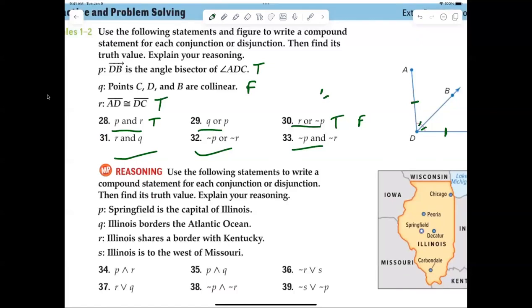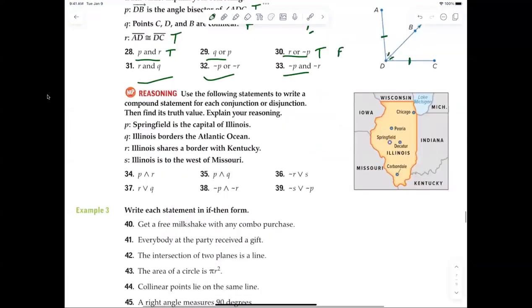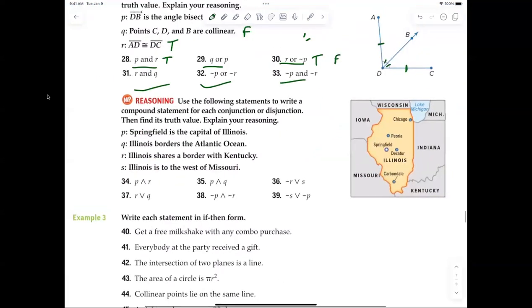Is everybody understanding me? I don't think that's that bad. No, it's true. Very good question. Because one or the other or both have to be true. An or statement, listen to me, only one of the statements has to be true.